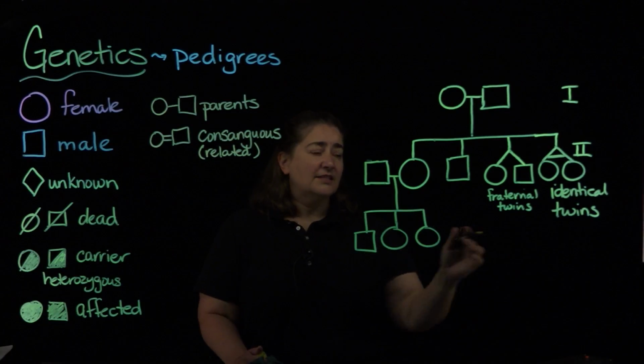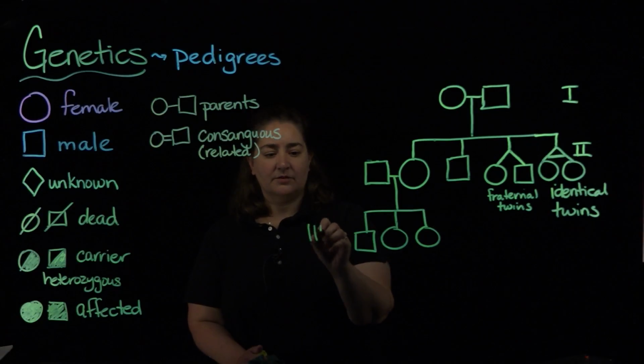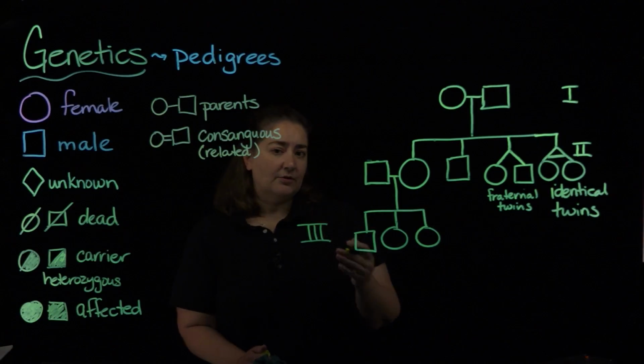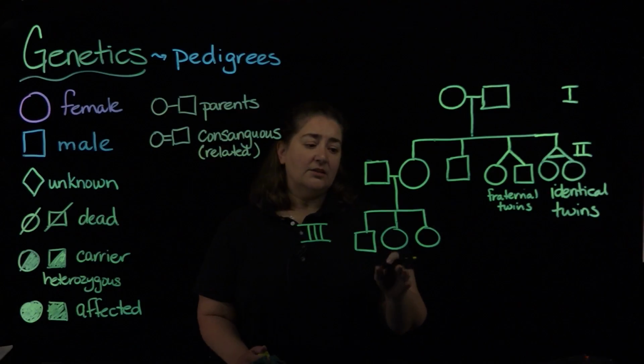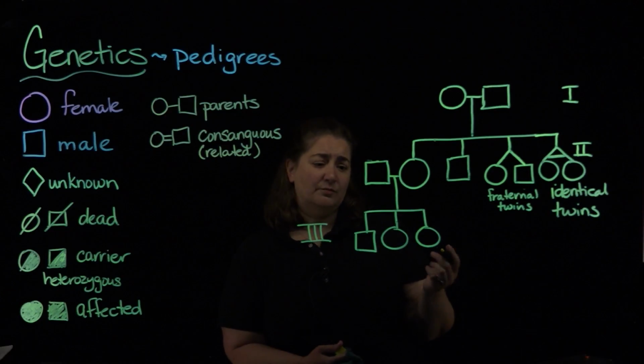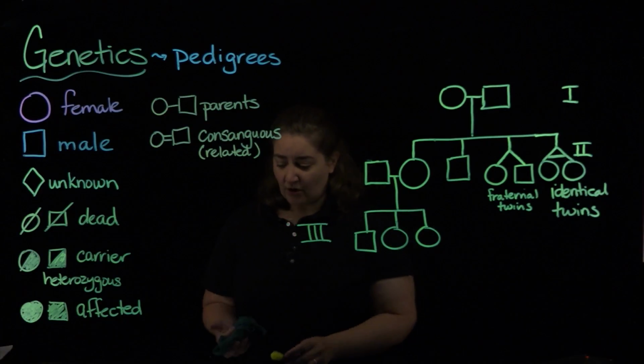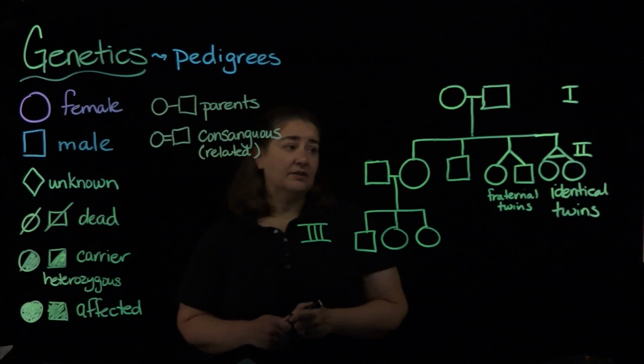I've been drawing it over here, but just for simplicity's sake, this would be our third generation. This would be equivalent then to an F2. That would be the way we draw the different pedigrees.